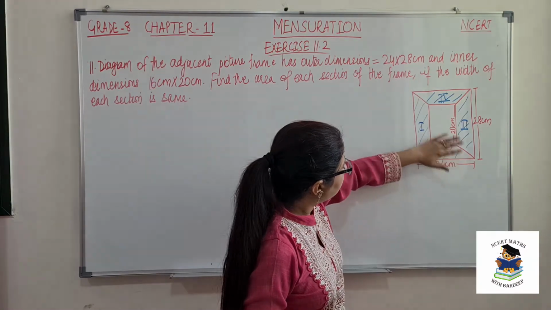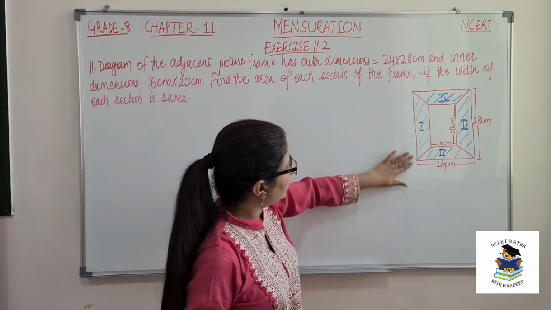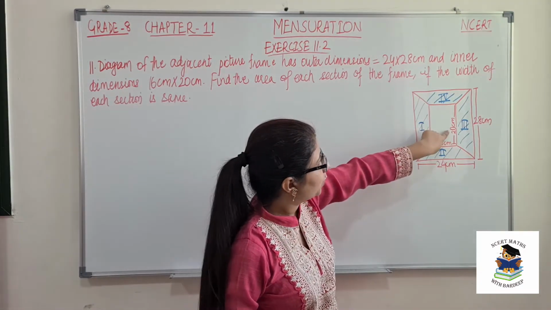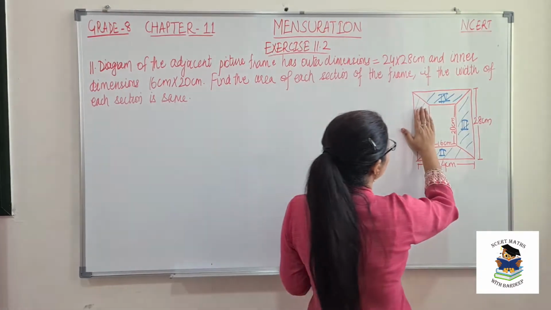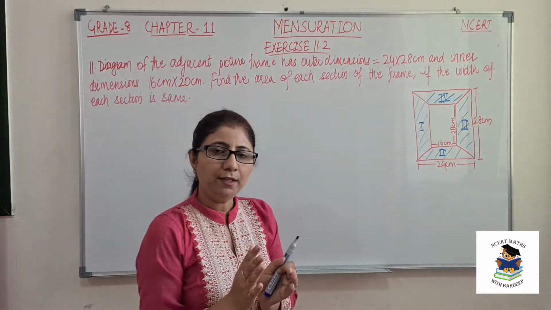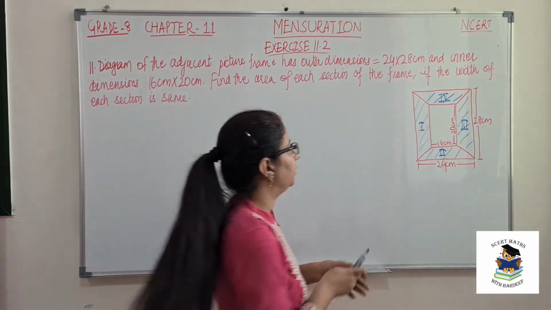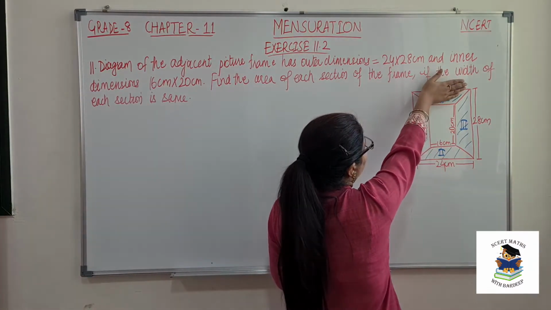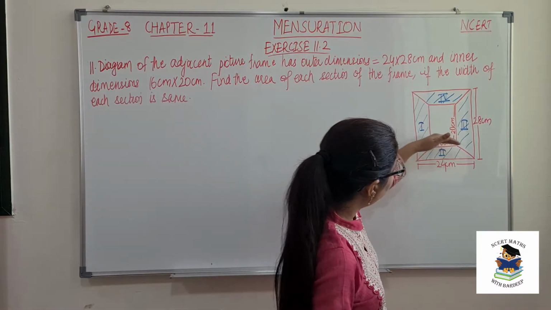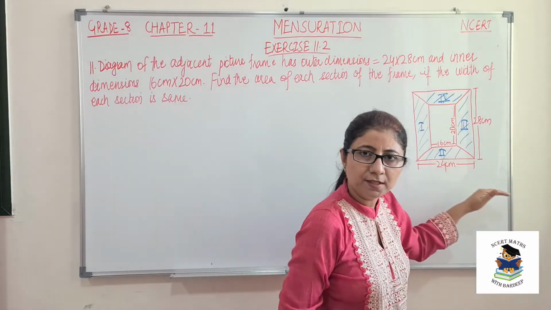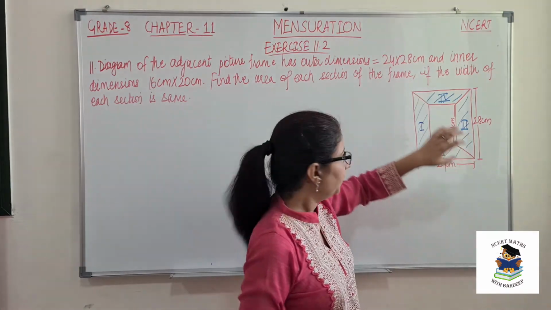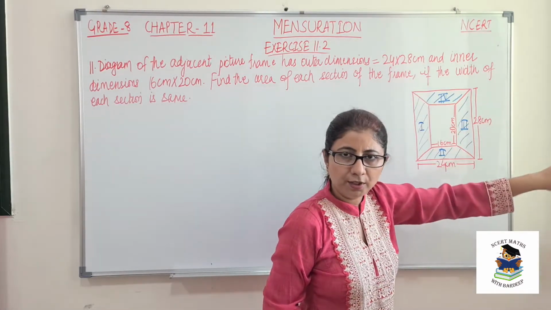Suppose I am considering this full length is 28 centimeter and this is 20 centimeter. So this trapezium and this trapezium are similar, so we can find the area of one and then double it. This trapezium and this trapezium both have this side as 16 and this side as 24. So area of 4 and 2 is same, area of 1 and 3 is same.